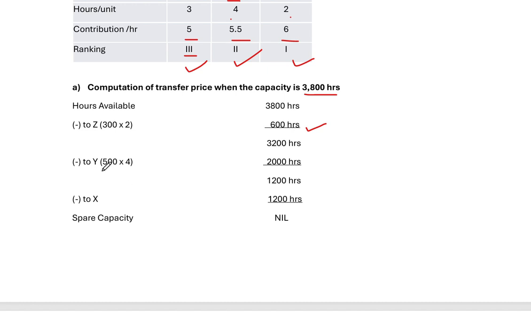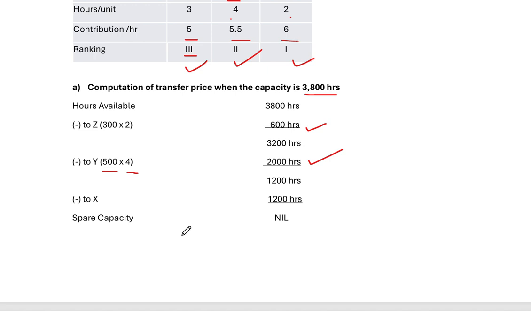Next priority will be given to Y. External demand of Y is 500 units and hours needed per unit is 4 hours. Now the total hours required to make product Y is 2000 hours and the remaining hours is 1200 hours.